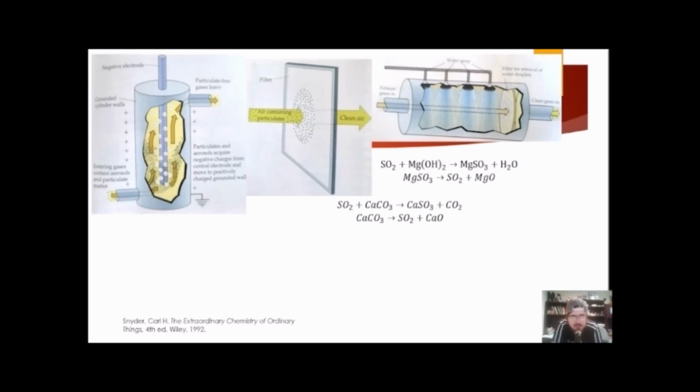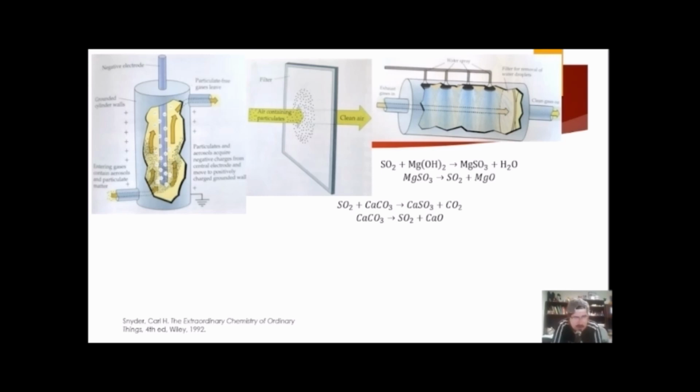The filtration, it's pretty simple. Filtration is the same way as you would filter air in your house. You have a little screen with tiny microscopic pores. The pores are a certain size so that the air molecules, which are on the nanometer or smaller scale, can pass through.